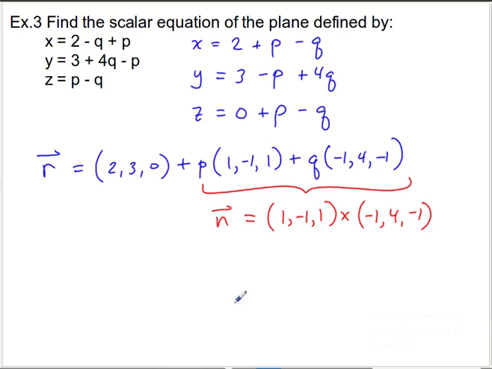I am going to write it out over here. So i, j, k, and then 1, negative 1, 1, and negative 1, 4, negative 1.